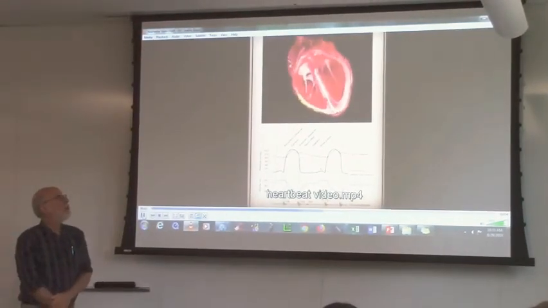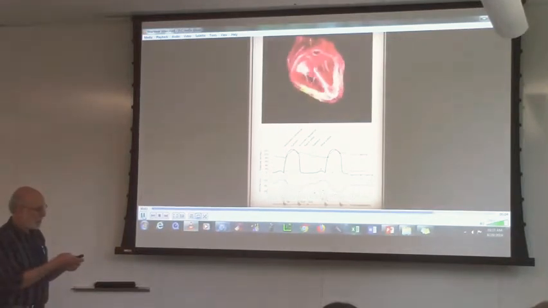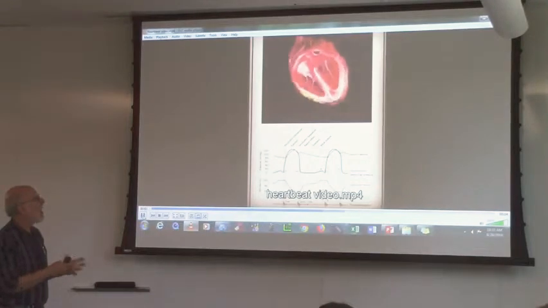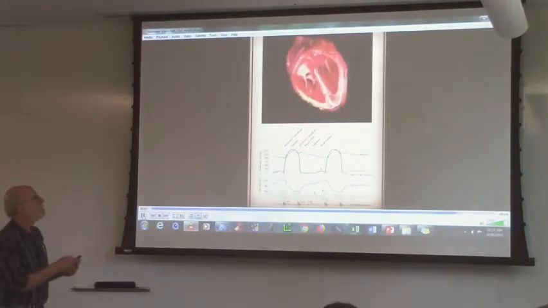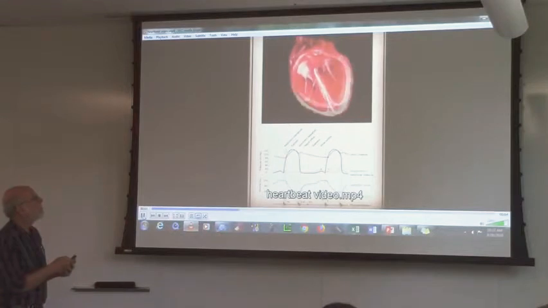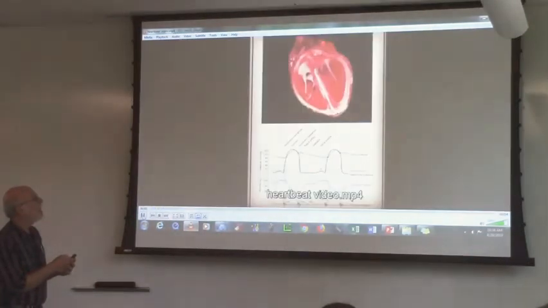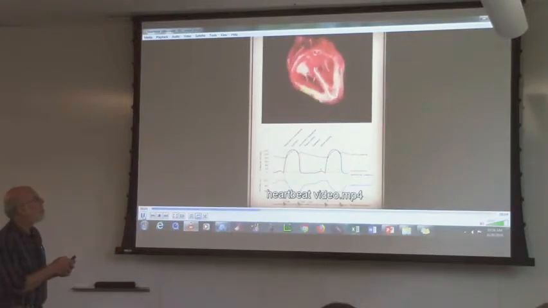So what are we seeing in this image of the heart? Well, we're seeing muscle contraction. These are the ventricles contracting. Here is the right atrium and the left atrium contracting. We're seeing valves opening and closing, opening and closing, a valve closing and opening.